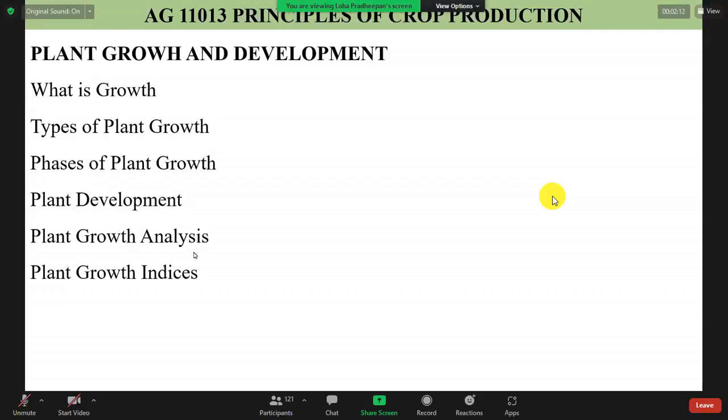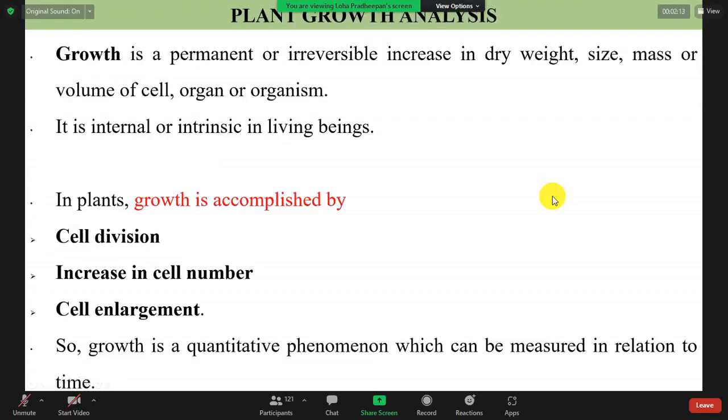Growth is a permanent or irreversible increase. If growth happens, it won't change back to normal. So it is a permanent or irreversible increase in dry weight, size, mass, or volume of a cell, organ, or organism.